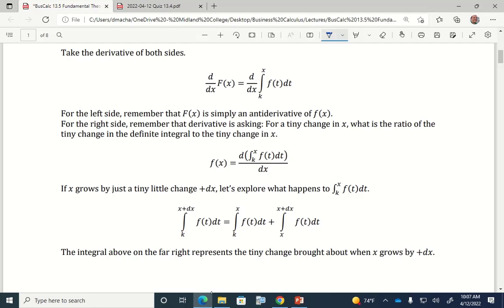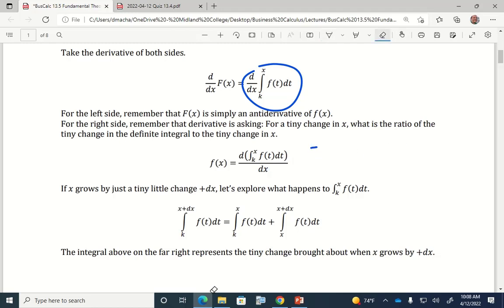So dx represents a tiny change to our independent variable, and this numerator represents a tiny change in that integral. Those tiny changes are associated because whenever you make a tiny change in the x value, it elicits a corresponding tiny change in the value of the integral.